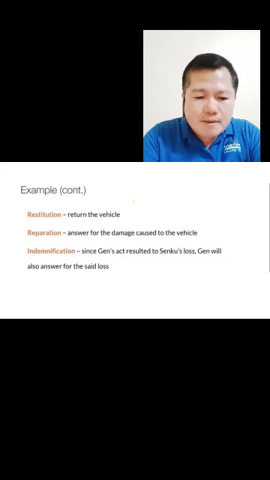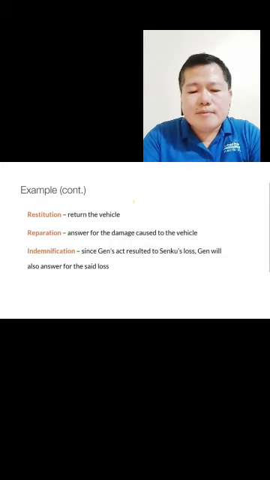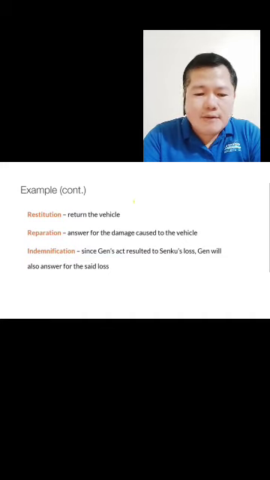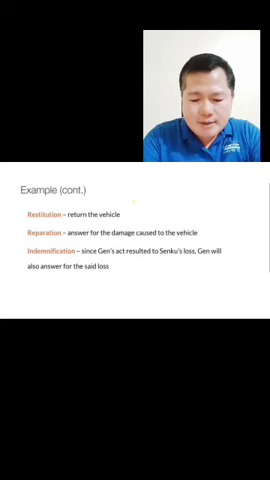So it was not totally destroyed and can still be returned to its original state, but Gen bears the expense. And lastly is indemnification. So this is the consequential damages.